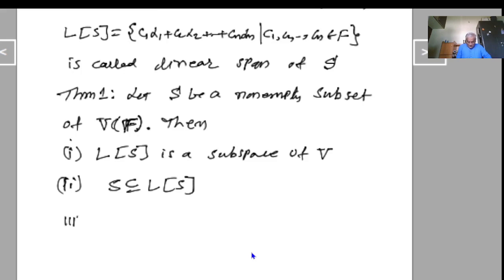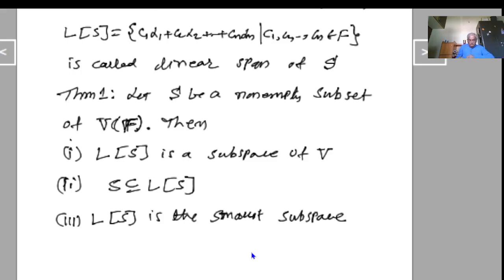And number three, L of S is the smallest subspace containing S. Okay.